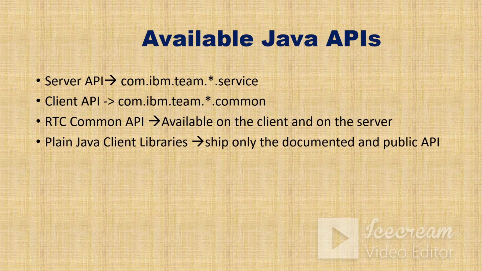It would be quite some effort to identify the jar files in the Eclipse client, so the plain Java client libraries have the required jar files bundled for you to use. This makes setting up a plain Java client application you develop much easier. The plain Java client libraries ship only the documented and public API. They are missing a lot of RTC Eclipse client specific code.